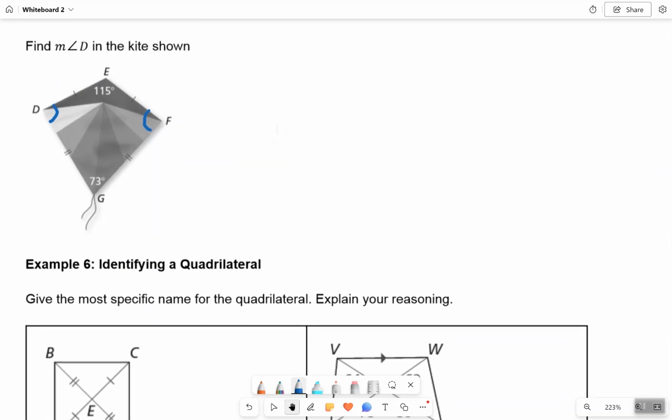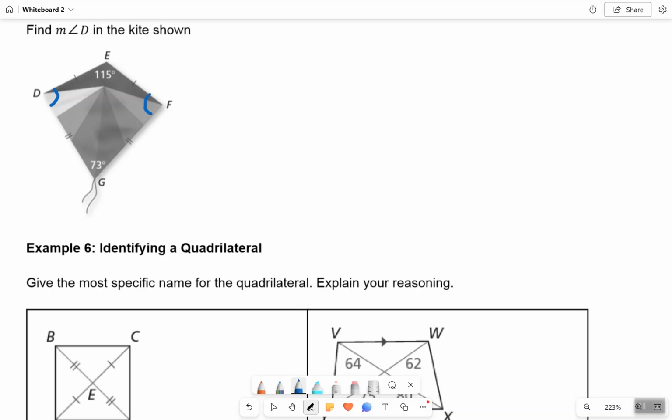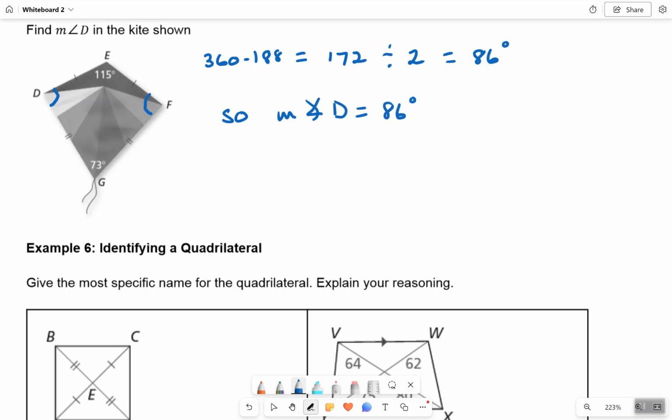How are you going to find angle D, I guess, is the question. 115 and 73 is 188 when I add those two up. Which is 172. And that's going to turn out to equal, anybody know it? With me on that? Okay.